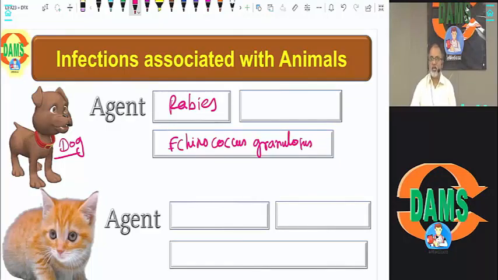Dog is associated mainly with rabies. Anything else with dog? Yes, there is a fungal infection called Microsporum canis. Canis means dog.